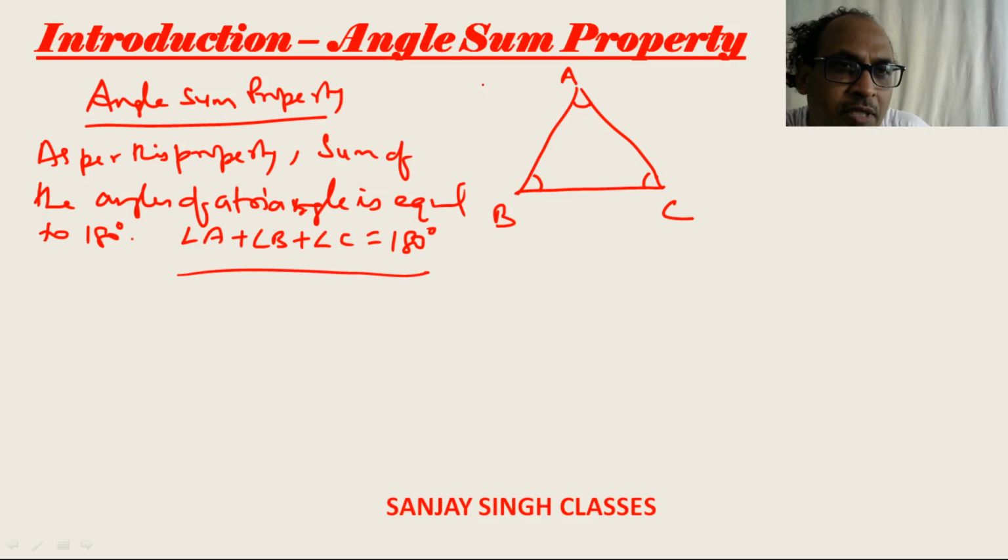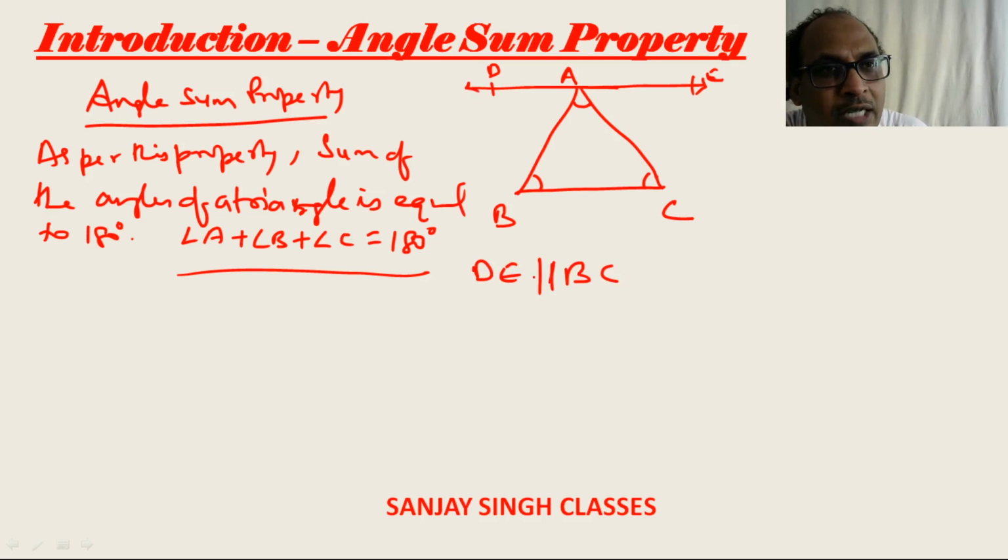Let us draw a line parallel from the point A, let us name it as D and let us name it as E. Okay. So this DE is parallel to BC. So we need to draw a line DE parallel to BC from point A. Right.